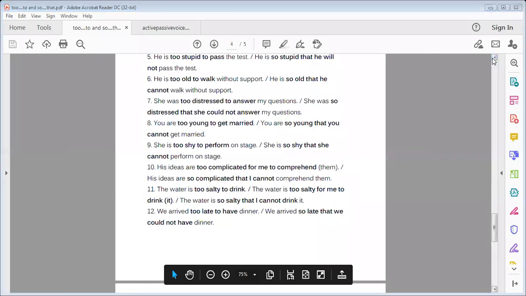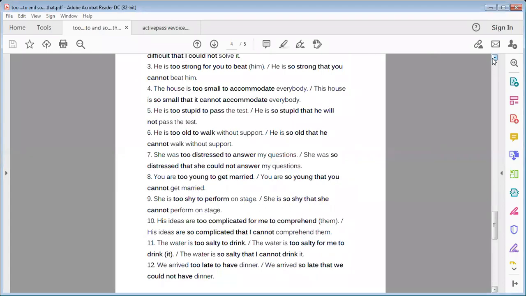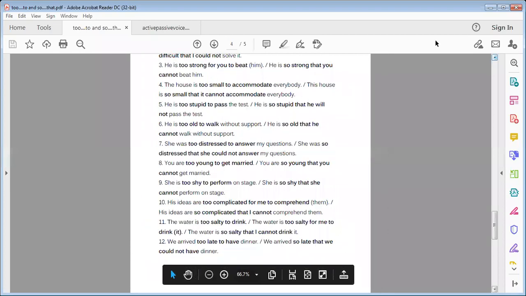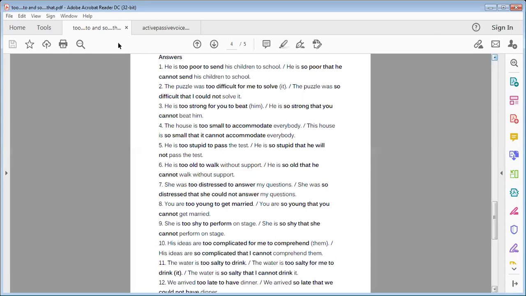Check your answers. They have given both structures. Wait, I will zoom out. Yes, can you see?